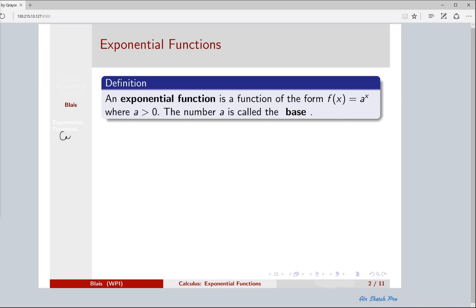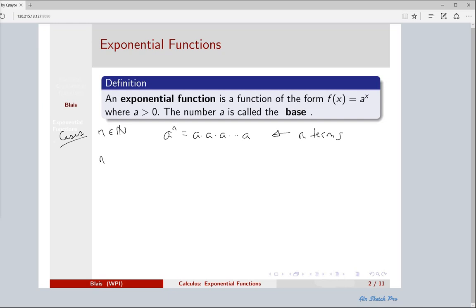If we look at different cases, if n is a natural number, so n is a counting number, then a to the n is just a times a times a, right? There are n copies of a in the product.